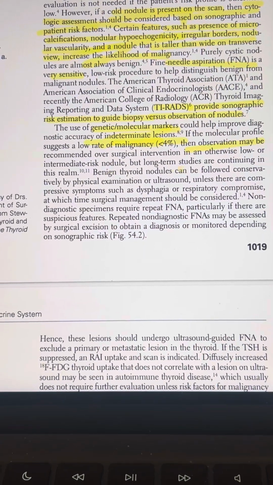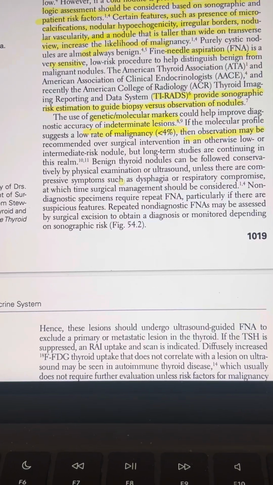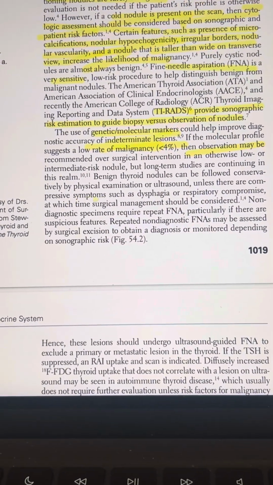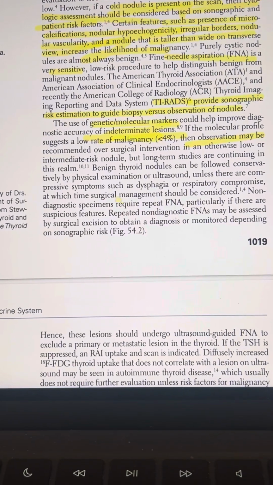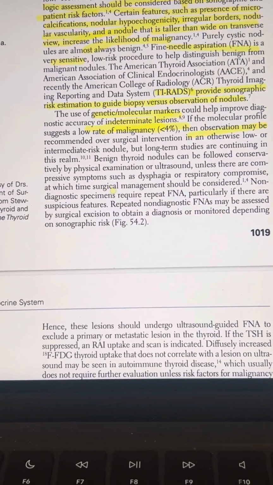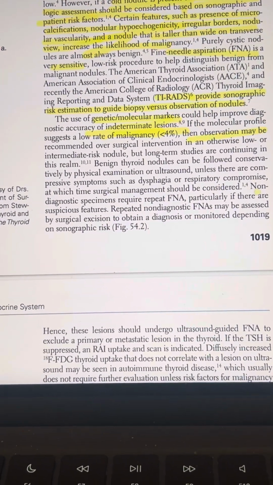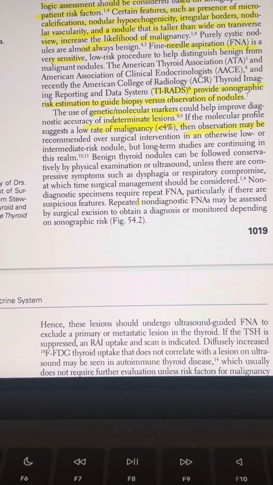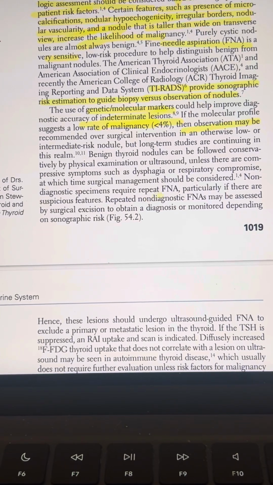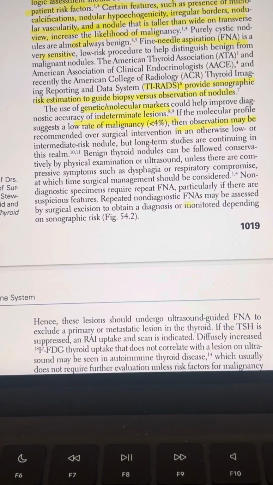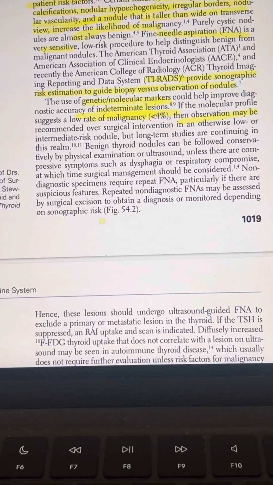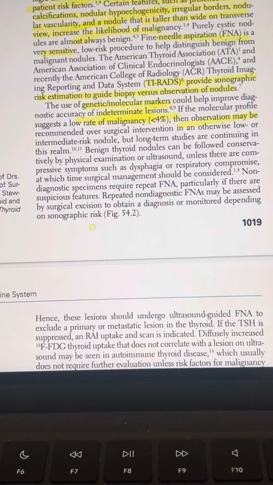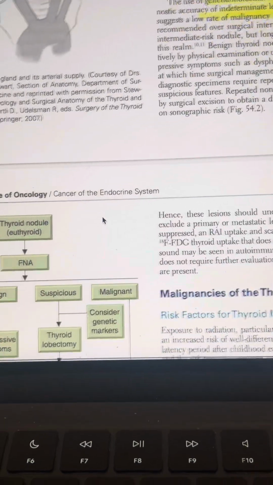Benign thyroid nodules can be followed conservatively by physical examination or ultrasound unless there are compressive symptoms such as dysphagia or respiratory compromise, at which time surgical management could be considered. Non-diagnostic specimens require repeat FNA, particularly if there are suspicious features, and repeated non-diagnostic FNA may be assessed by surgical excision to obtain diagnosis or monitored depending on the sonographic risk.